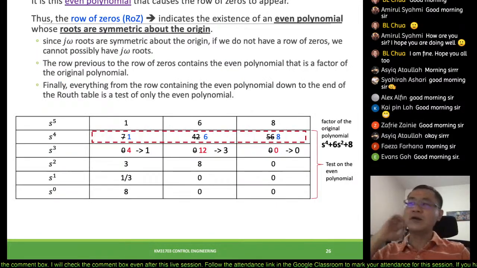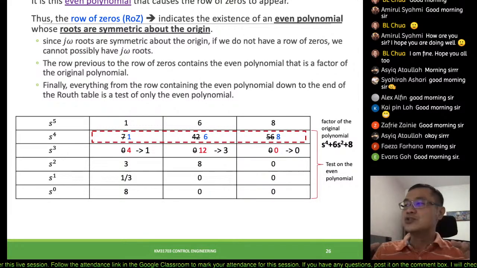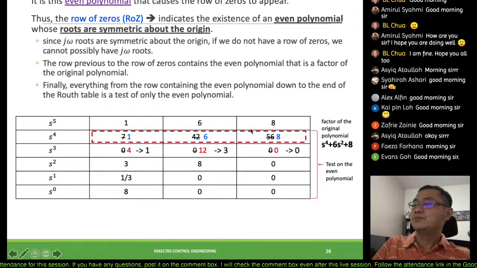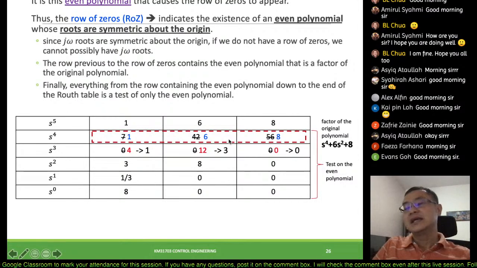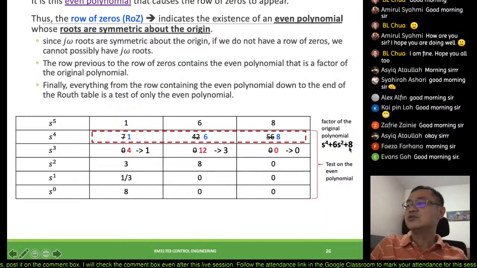So we go further to our interpretations now, right? Previous examples, we can see that at this particular section, this is our so-called auxiliary polynomial, right? So the one in the red dotted box would be our auxiliary polynomial, and this auxiliary polynomial is actually the factors of the original polynomial, right?